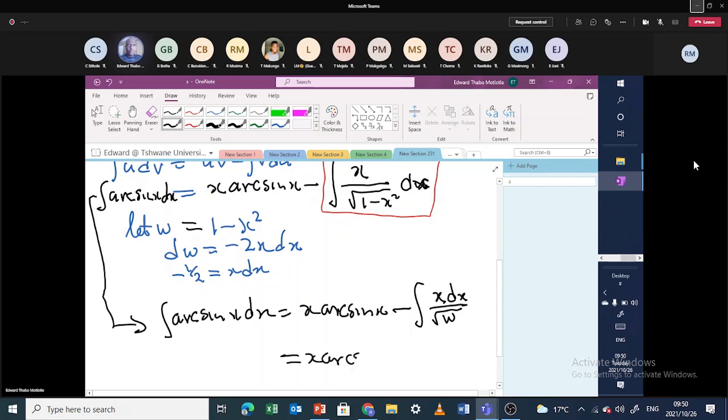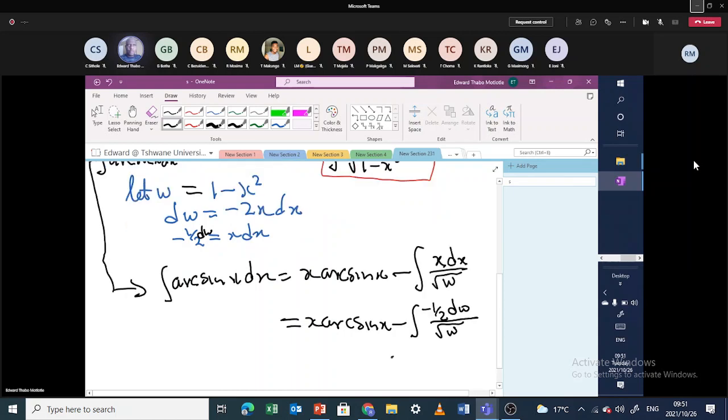On the next step we have x. I'm doing step by step. If I'm writing the test, I'll just do this in 3 steps, but for now, I'm doing step by step. So x dx, we replace it as minus 1 over 2 dw. So it's going to be minus 1 over 2 dw over the square root of w. And this becomes the integral of minus 1 over 2 w to the power minus 1 over 2 dw.